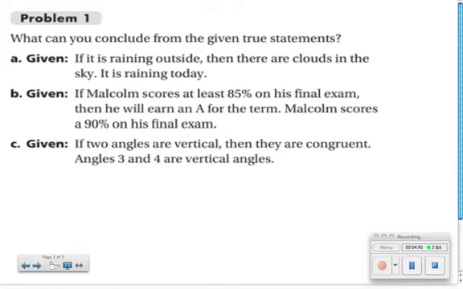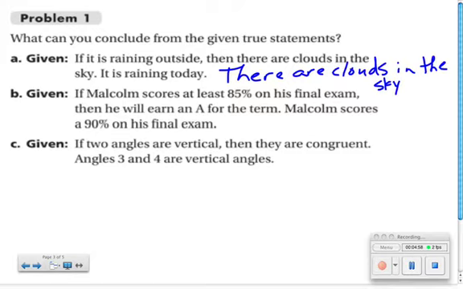Can I draw a conclusion? Yes, Christian. Would it be there are clouds in the sky today? That's it. There are clouds in the sky. We could have the today, not necessary, but it's fine.